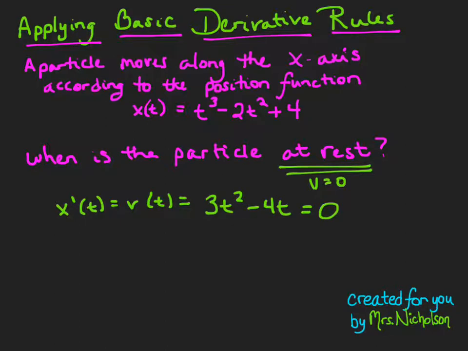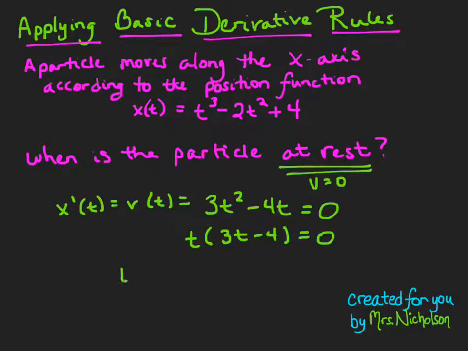Well, I see that I have a quadratic here, and anytime we have a quadratic, we should know that in order to solve it, we need to factor. So I can factor out a t, and when I do that, I'm left with 3t minus 4 equal to 0.